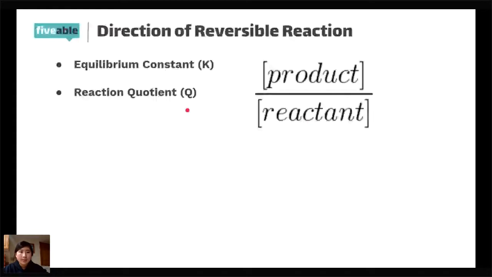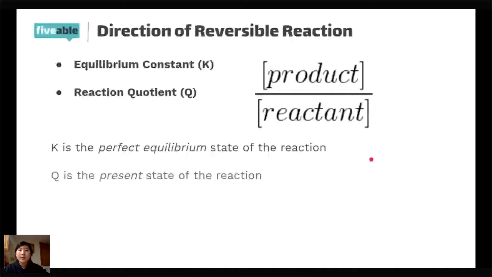So basically, K represents the perfect equilibrium state of the reaction. Okay, and the Q is the present state of the reaction. So basically how we're going to use these two things is that when we see a reversible reaction, for every reversible reaction, there's a K that's attached to it, the equilibrium constant.